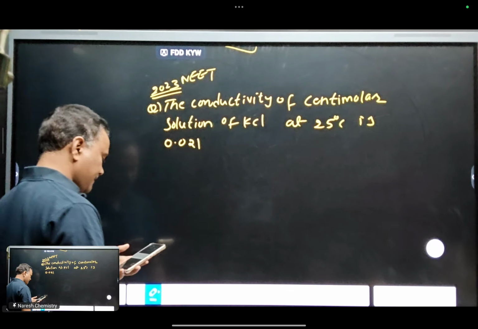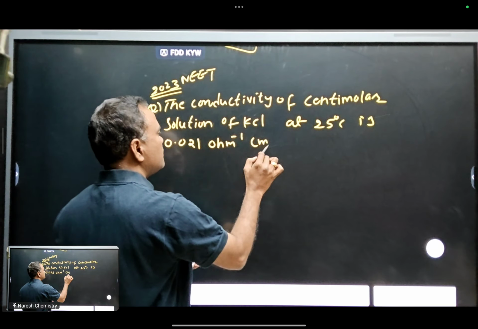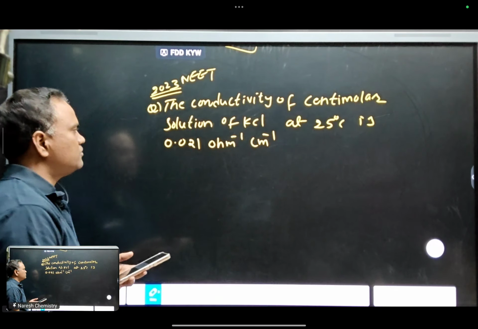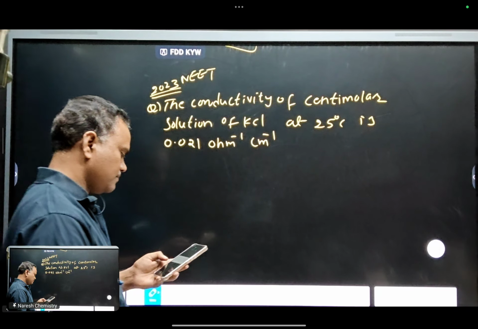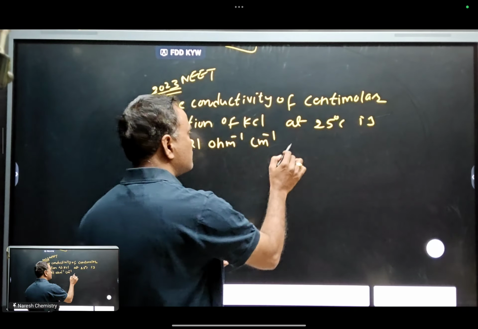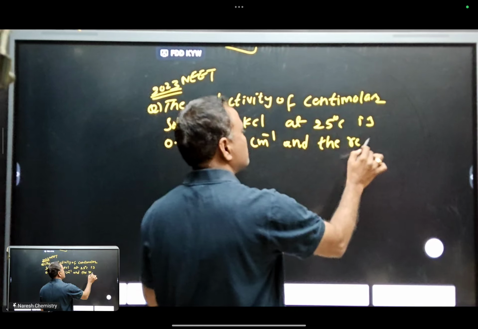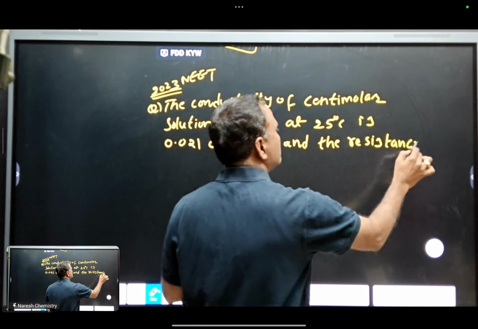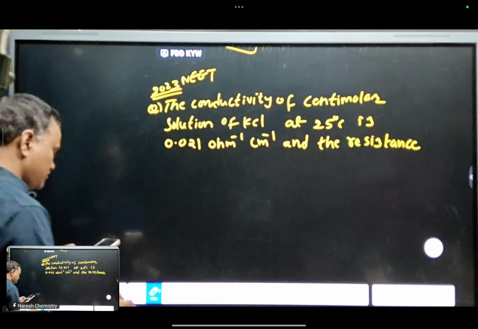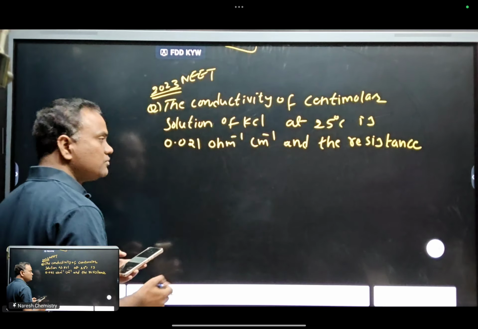Zero to 1. Ohm inverse. Adiba, which conductance is given to you? Molar conductance is given to you. Okay. Resistance of the cell containing.